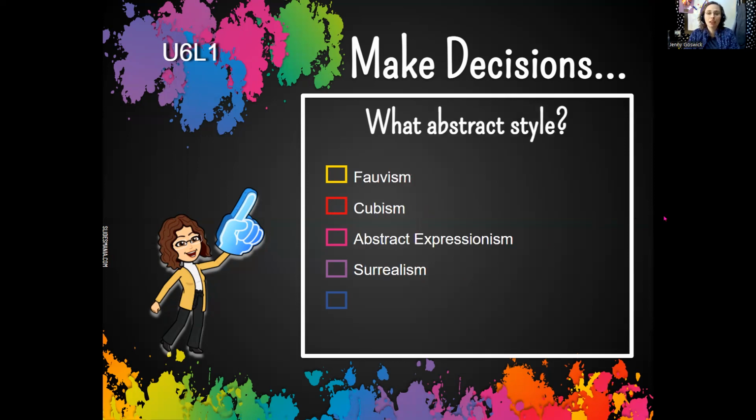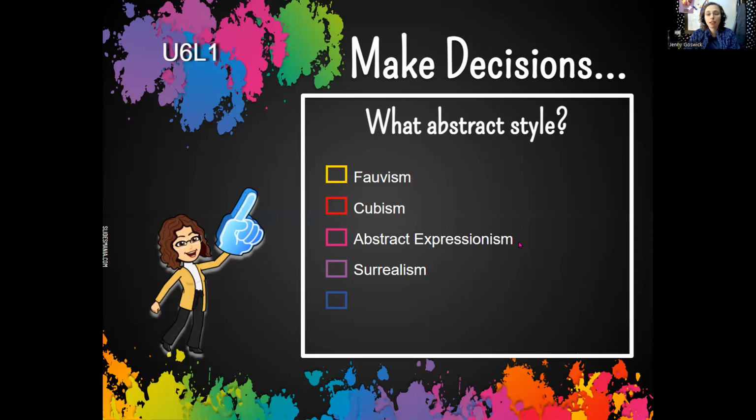So the next thing you need to think about is using that subject. Which style of art did you like the most? Or did you feel the most connection to? Or do you want to try? Were you interested in the Fauvists with bright, bold colors used for expressive purposes? Or did you like the Cubists where they were breaking things down into shapes, flattening our picture plane? The Fauvists also flattened the picture plane.